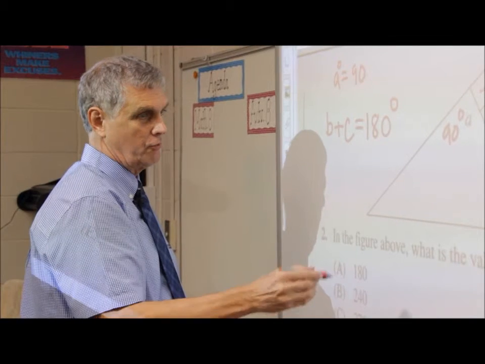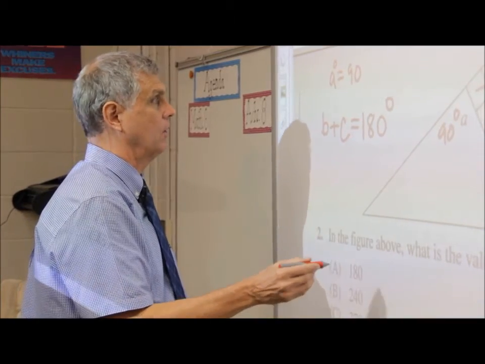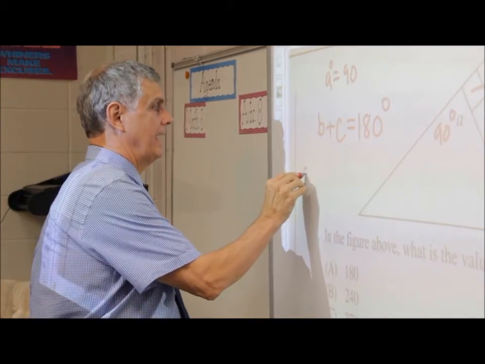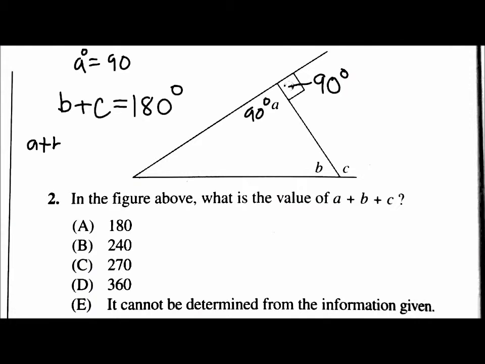So the question is, what does A plus B plus C equal? Well, if we add A plus B plus C, that's the same as 90 plus 180, which equals 270, which is C.